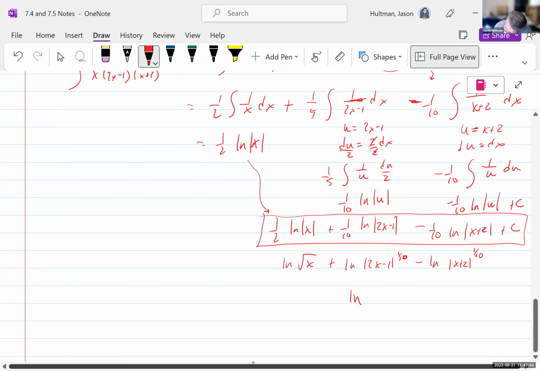So this is going to be the natural log of the 10th root of 2x minus 1 over x plus 2, times radical x. So yeah, I could condense this into natural log of radical x times this thing. Either of those are fine.